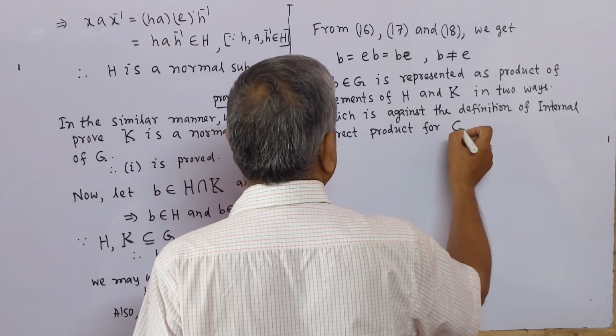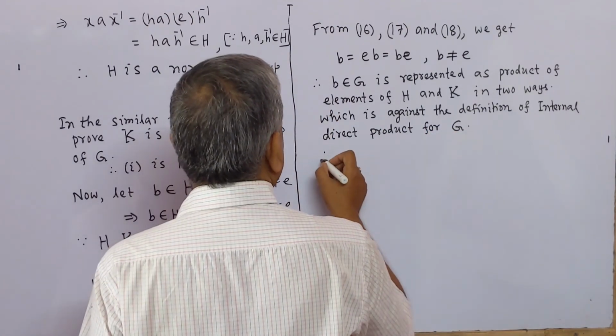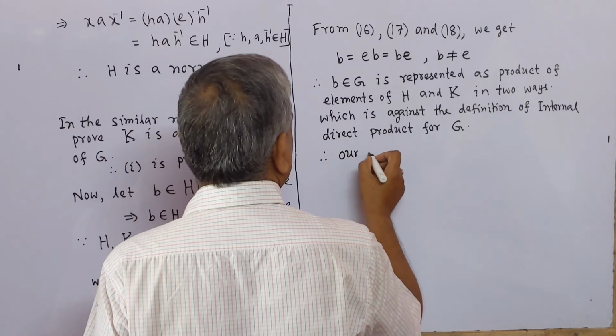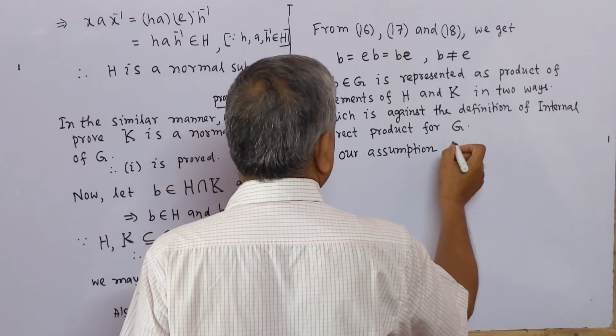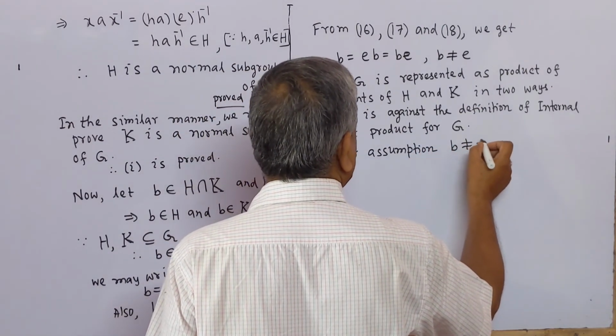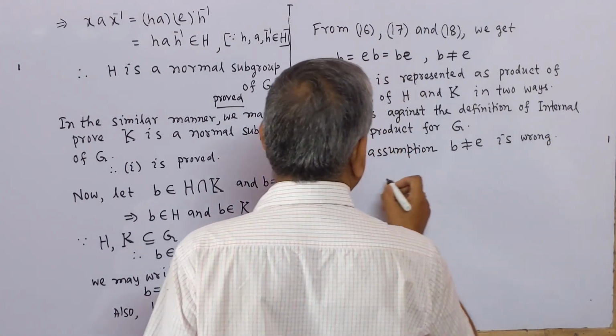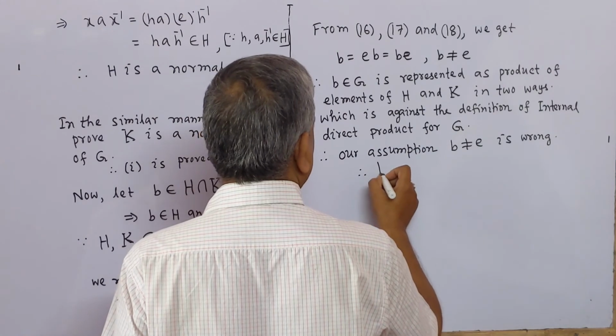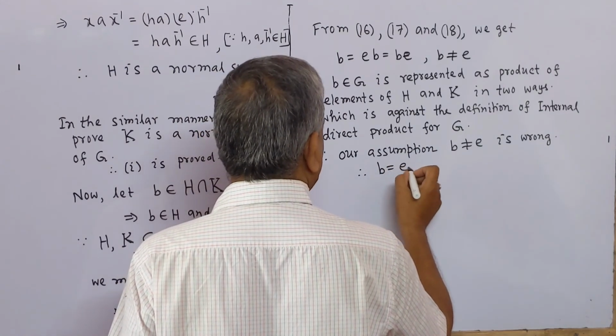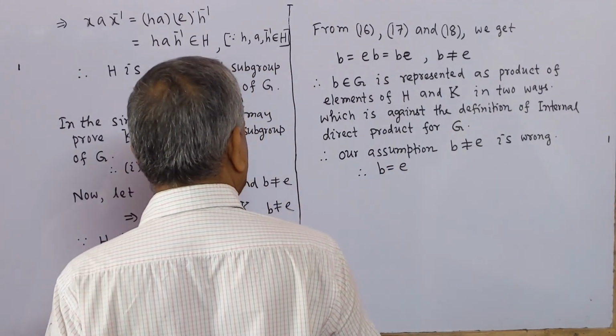For group G. Therefore, our assumption B not equal to identity element is wrong. Therefore, B equals the identity element.